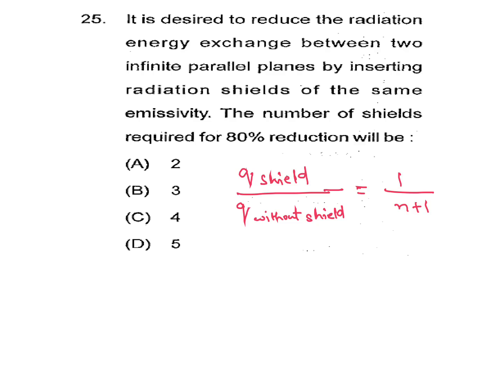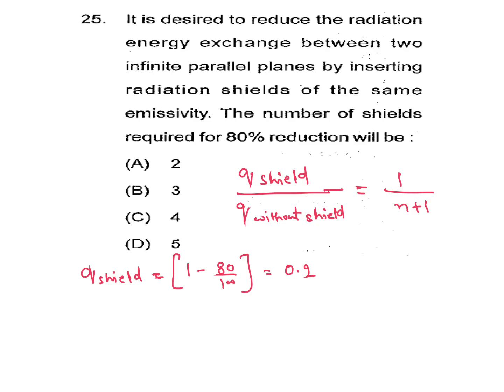In this case, for 80% reduction, it will be 1 minus 80 by 100, which is 0.2.